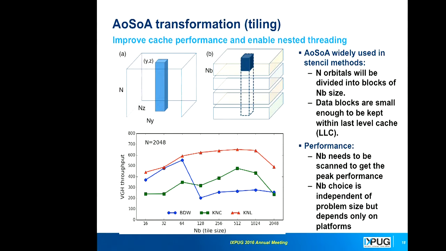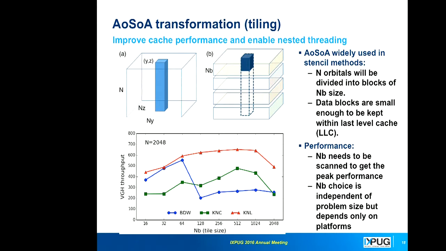So in this way, you find that, without blocking, the block size is the same as the total number of splines. But when you gradually reduce the block size, you're able to recover the good performance. Here, we introduce this block size. You have to tune it, but we found it's a parameter that is system size independent, but architecture dependent.